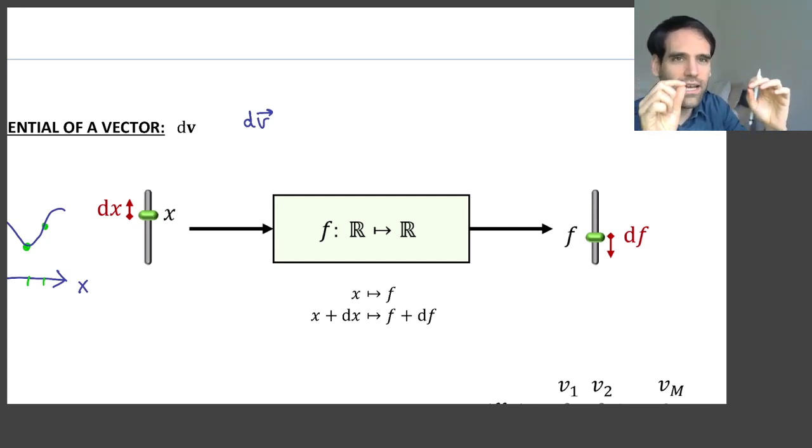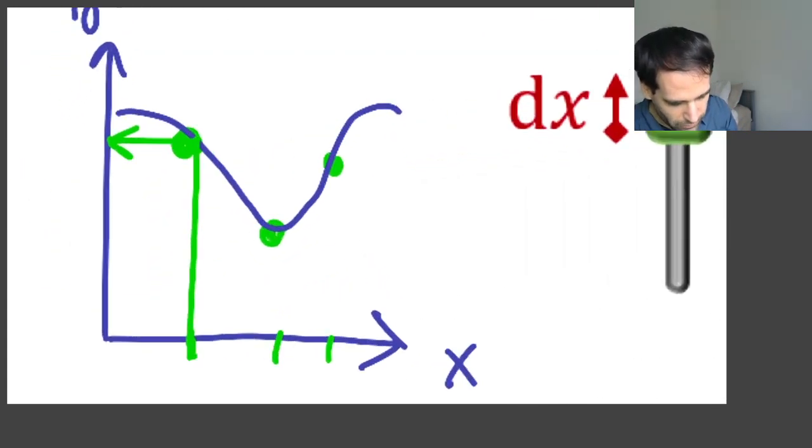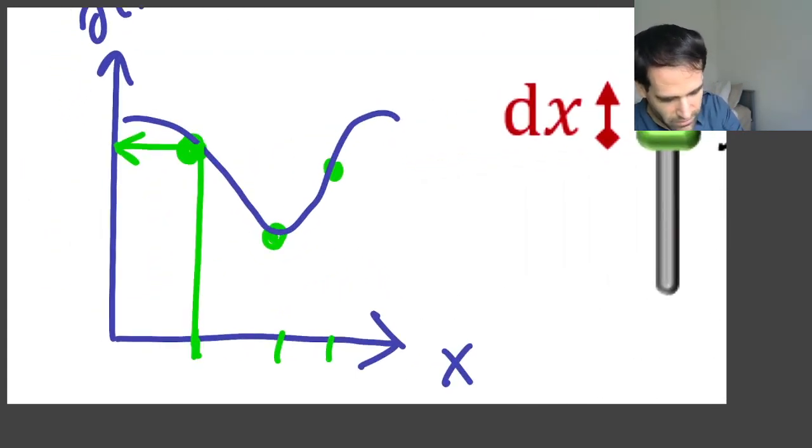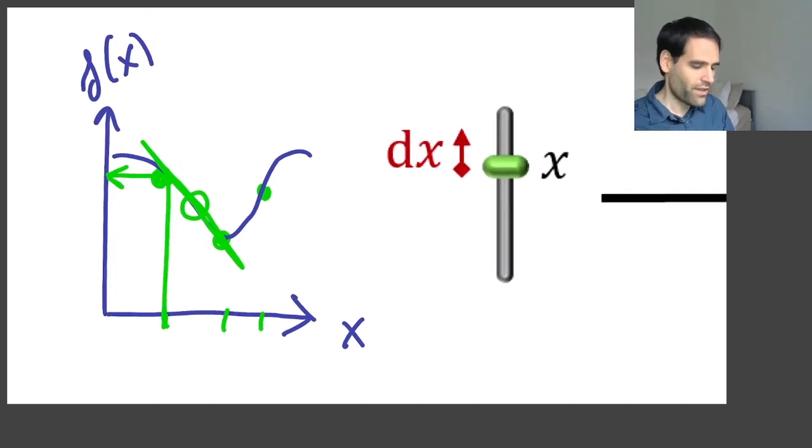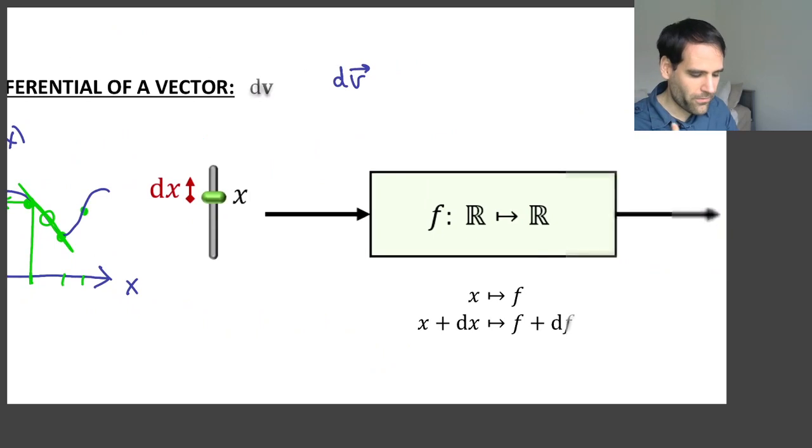This is always true as long as the movement is very small, which is equivalent to saying that we are zooming in so much into the function that it becomes a straight line eventually. Yeah. So the change in f becomes proportional to the change in x, okay? So that's a way of thinking about derivatives in one dimension.